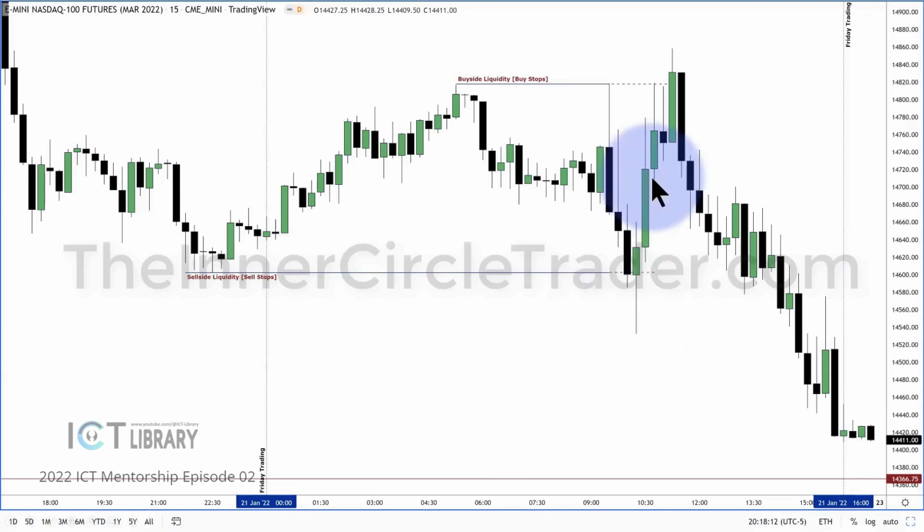And then the algorithms go right back up to an area where it's been cleanly delivered: relative equal highs. See how this high here, right before it dropped, is basically the same as this high here. Notice that? So retail traders see this and they trust it as what? Resistance. So the books always say, put your buy stop, if you're going to go short, right above a clear level of resistance.